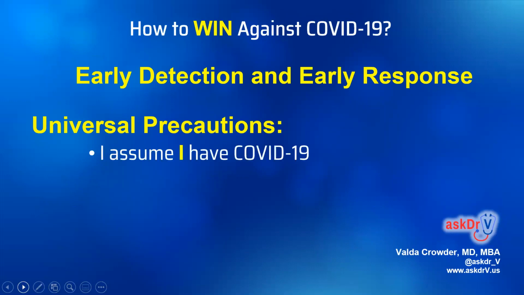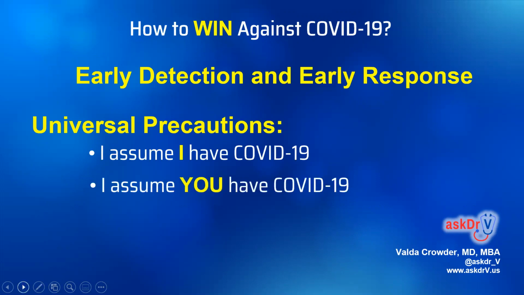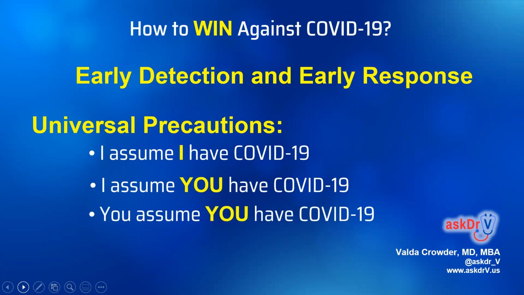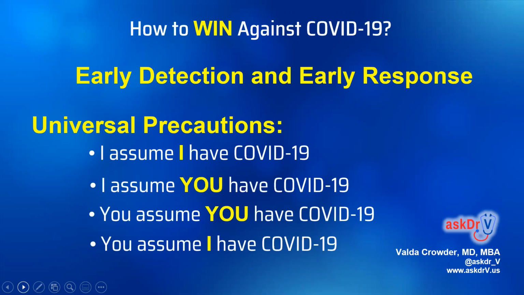So universal precautions mean I assume I have COVID-19. I assume you have COVID-19. You assume you have COVID-19. And you assume I have COVID-19. And then we act accordingly, right? So if you knew you had it for sure, or if you knew someone else had it for sure, act like they do.